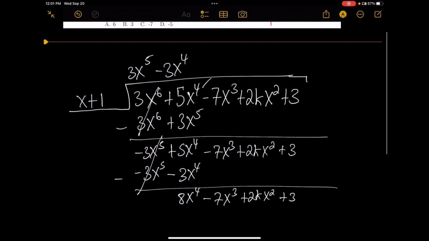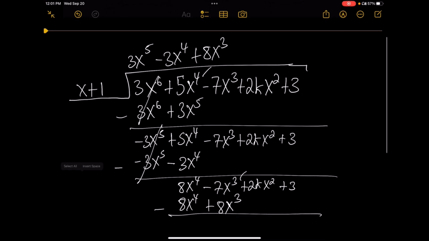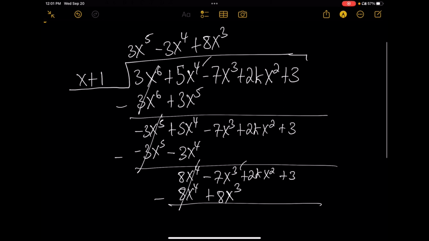Then we cut here and put 8x to the power of 3 in the quotient. Then 8x to the power of 4 plus 8x to the power of 3, we subtract; 8x to the power of 4 cancels, negative 8x to the power of 3, negative 15x to the power of 3 plus 2kx squared plus 3.